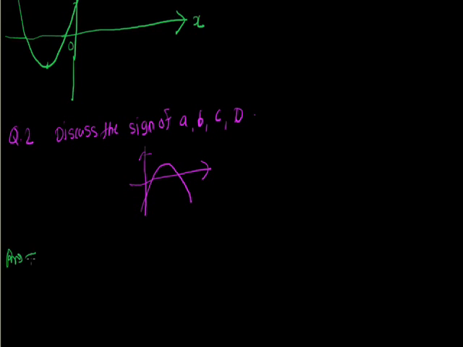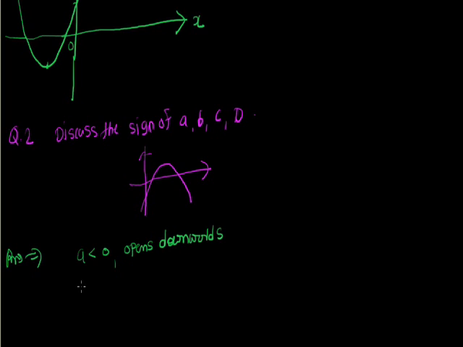How can we solve this? First of all, observe the shape of this parabola. Since it opens downward, by just observing the shape of the parabola, we can say the sign of a should be less than 0.